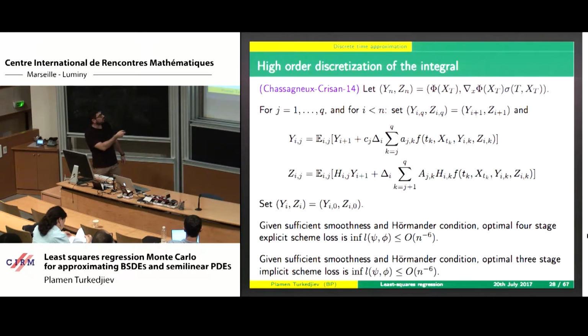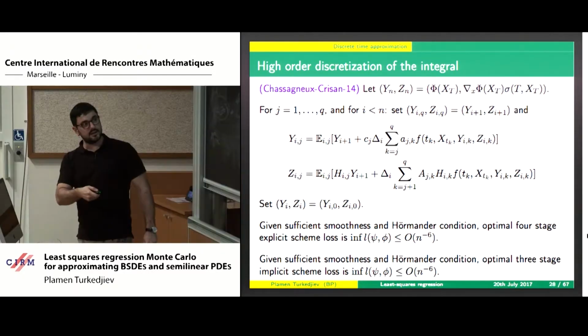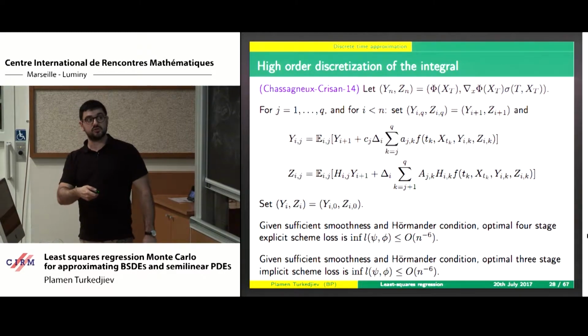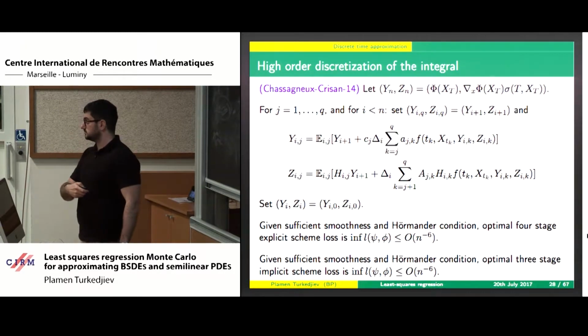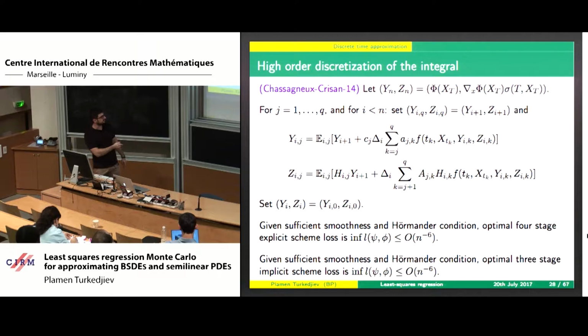All of these parameters have been painstakingly worked out in the paper by Jean-François and Dan. So I really recommend you have a look at it if you are interested in these kinds of higher order schemes. And they're actually able to attain convergence rates up to order 6, depending on how many stages you introduce into your approximation.